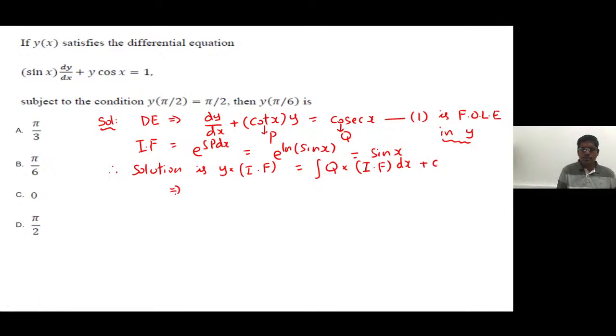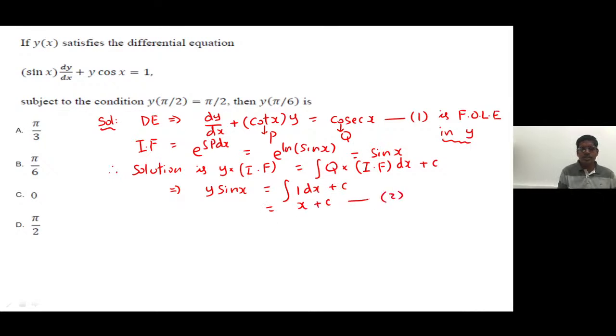So this implies y sin x, IF value sin x, is equal to integral Q value cosec x. So cosec x into sin x, cosec x is 1 by sin x, so this becomes 1 dx plus c. So that means integration of 1 dx is x plus c. Let us say equation 2.